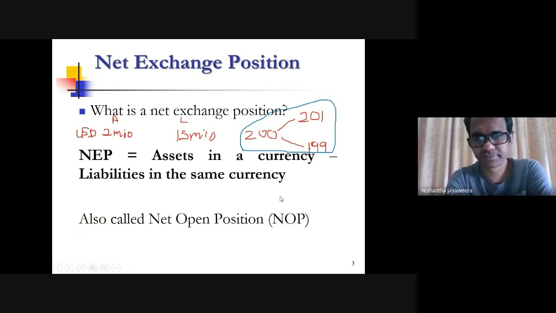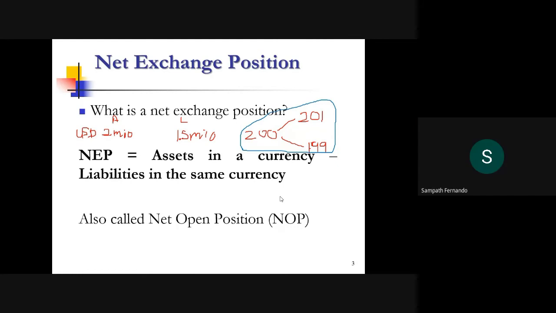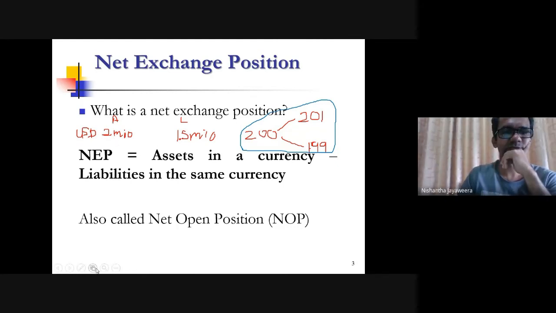What do you think? The Sri Lankan bank is having foreign currency assets and liabilities.